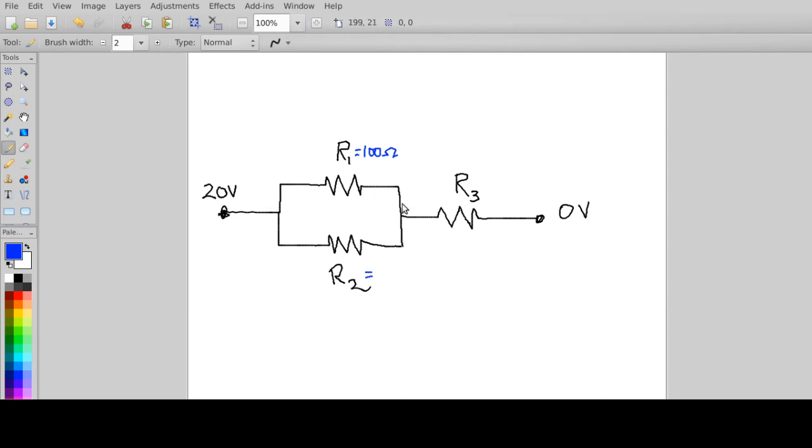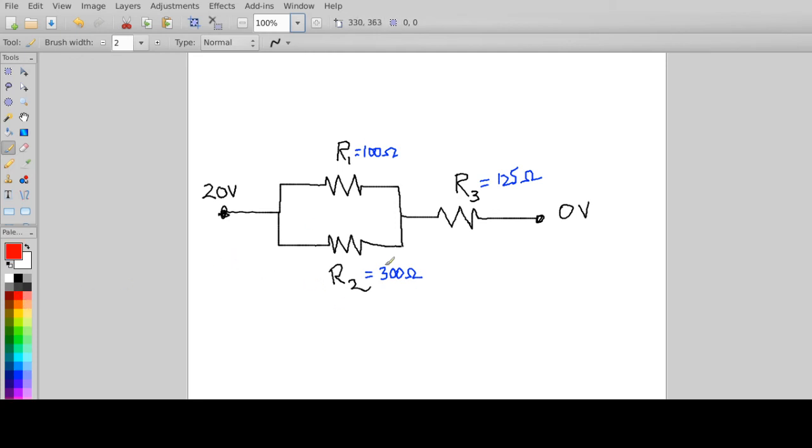Yeah, 300 ohms, like this. And R3 was 125 ohms. We found that the effective resistance for the whole circuit was 200 ohms.